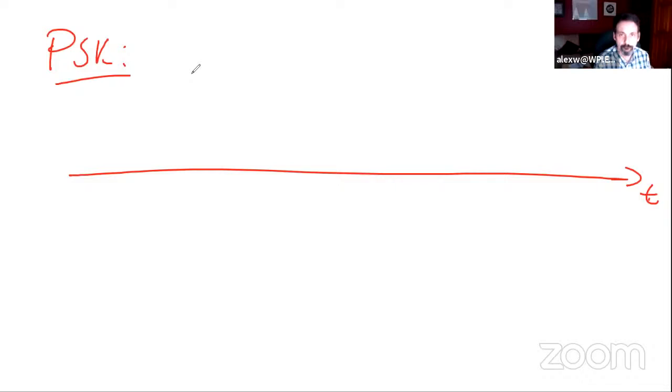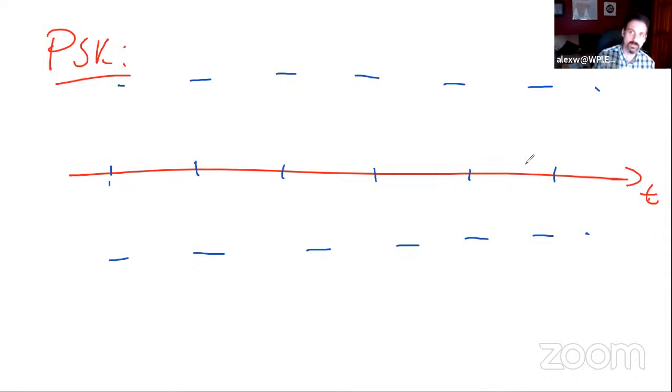Then for phase shift keying, amplitude stayed the same over time. So every TS seconds, it's a constant sinusoid or cosinusoid, but the phase of that sinusoid, relative to some reference, was changing, and the amount of phase change is relevant to the type of information contained within TS seconds.